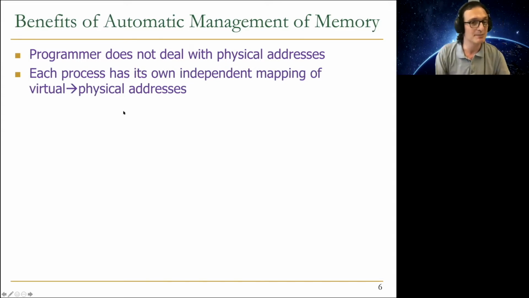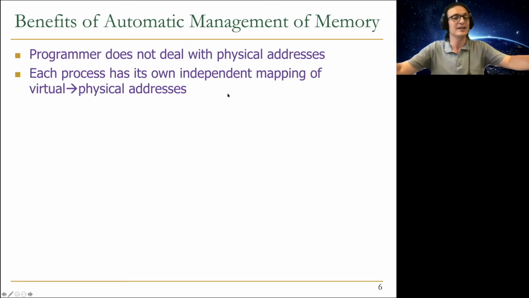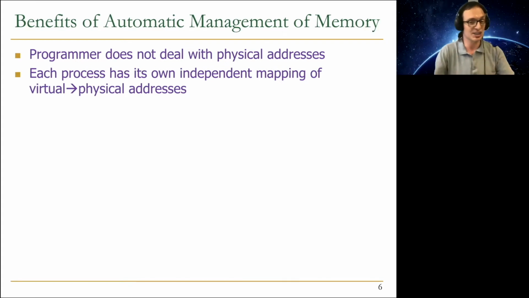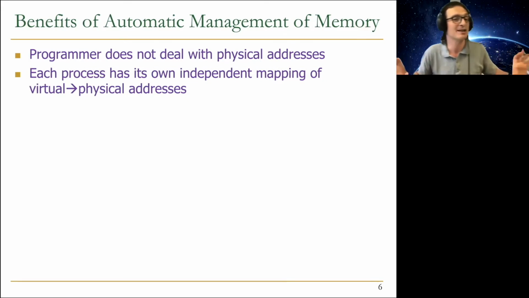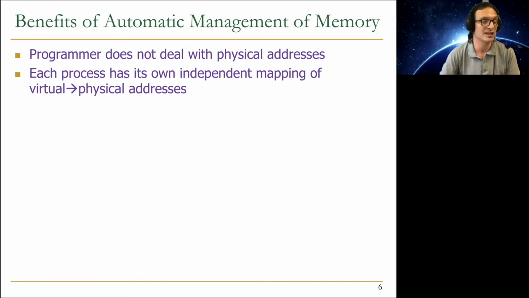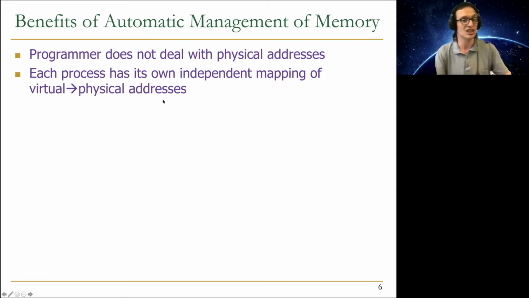At the same time, each process has its own independent mapping of virtual to physical addresses. Each process has a different virtual to physical translation mapping. As a result, the processes can be isolated from each other in physical memory. And the programmer doesn't need to worry about that sort of isolation also. So there are two benefits. One is the illusion of infinite memory, if you will, and the second is isolation between processes.